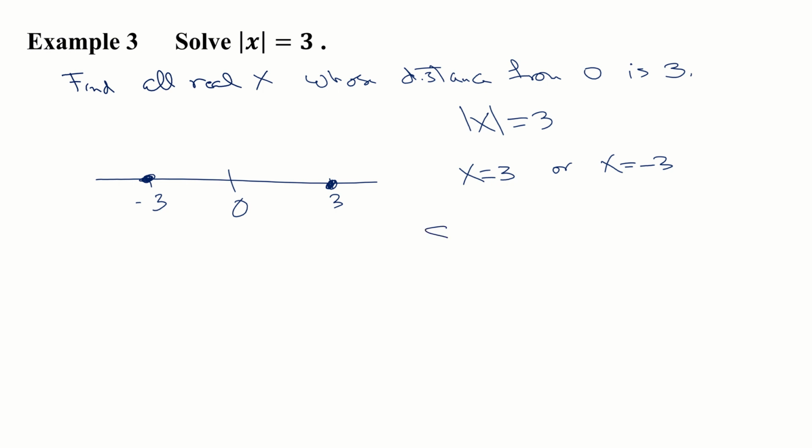And if we want to write the solution set, we can just say the solution set contains the set of the numbers 3 and -3. Remember, order does not matter in sets. Or I can use the compact notation and just say S equals plus or minus 3. These two are basically the same set. All right, so that's simple enough, right?